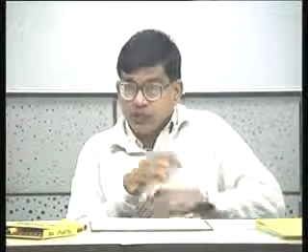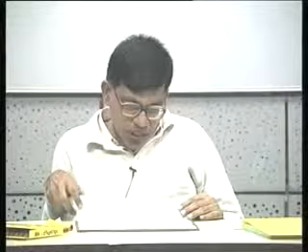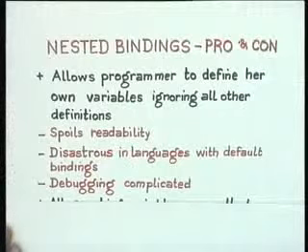If you disallow nested bindings, that programmer would have to know all the global names before deciding what new names to use locally within that procedure, which can be quite a task. Which means the first thing the entire programming team should decide is the names for various global variables. And in a really large software project, that can be a constraint rather than a facility, you know. But however, as I said, it spoils a lot of things.